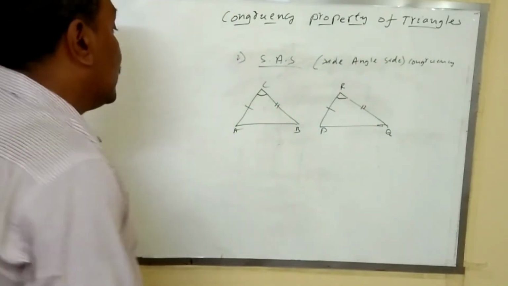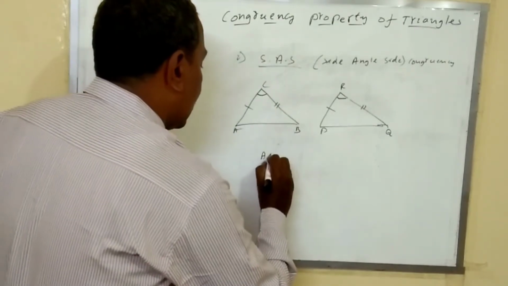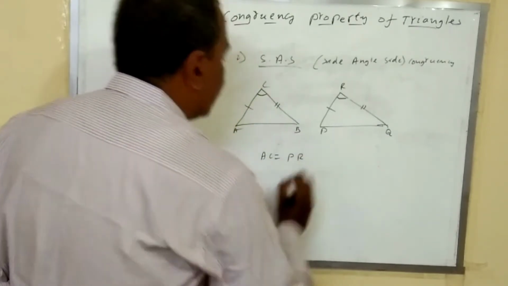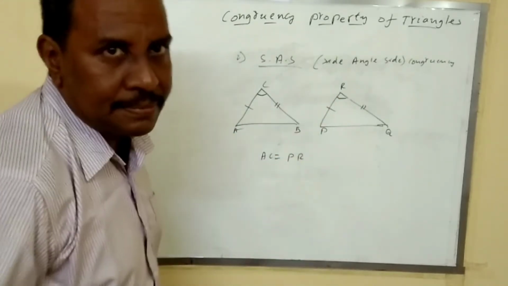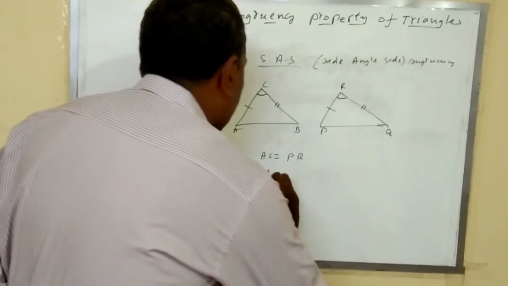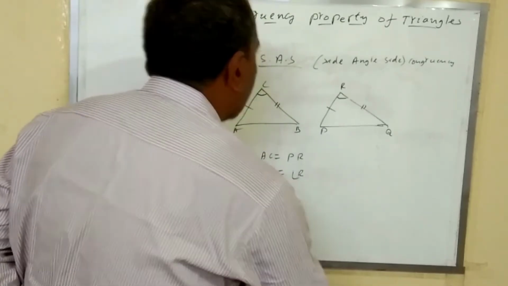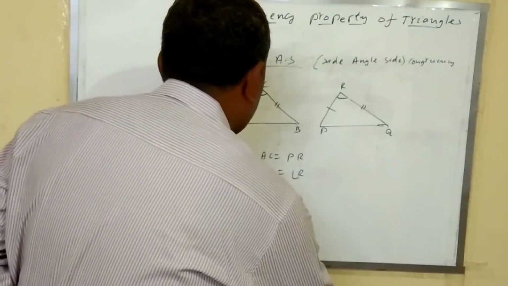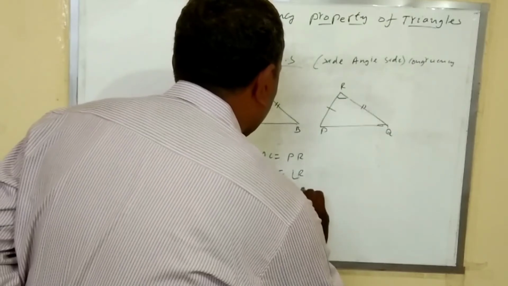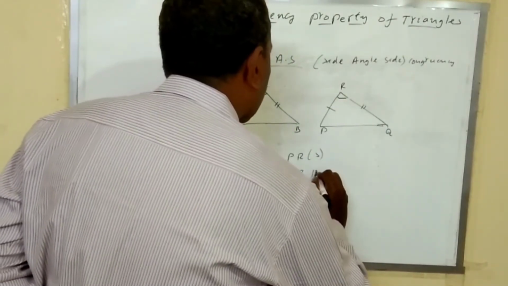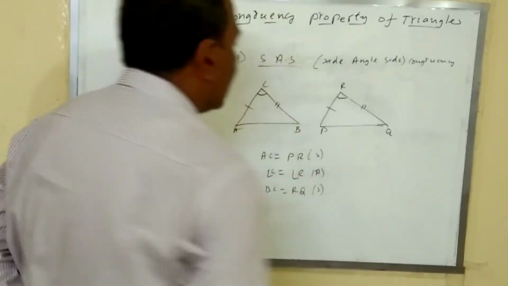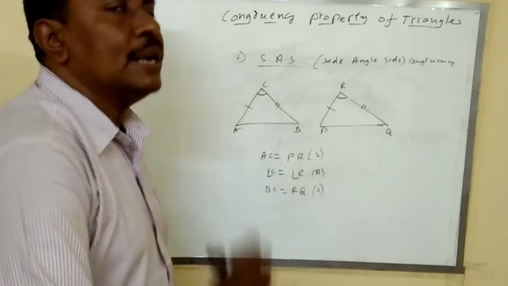It shows that AC is equal to PR, and angle C, this is called the included angle, angle C is equal to angle R, and BC is equal to RQ. Side, angle, side. So this is called side, angle, side congruency.